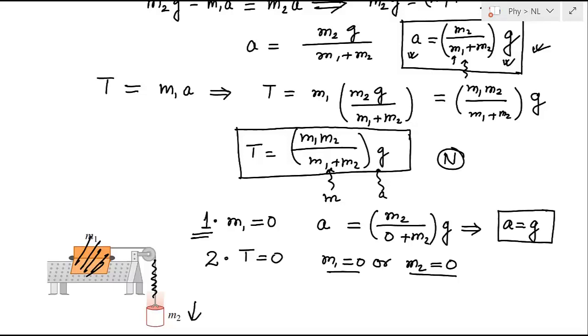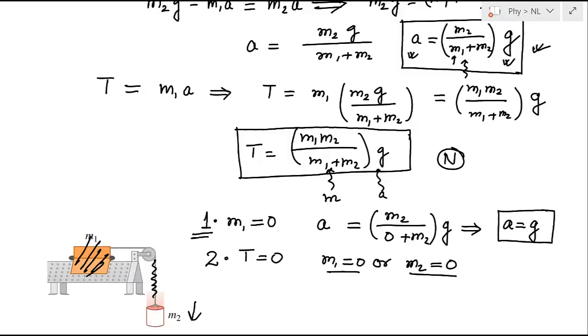So in this video we have seen how you can analyze a system that contains two objects, and these two objects have the same acceleration in magnitude, but different acceleration directions.